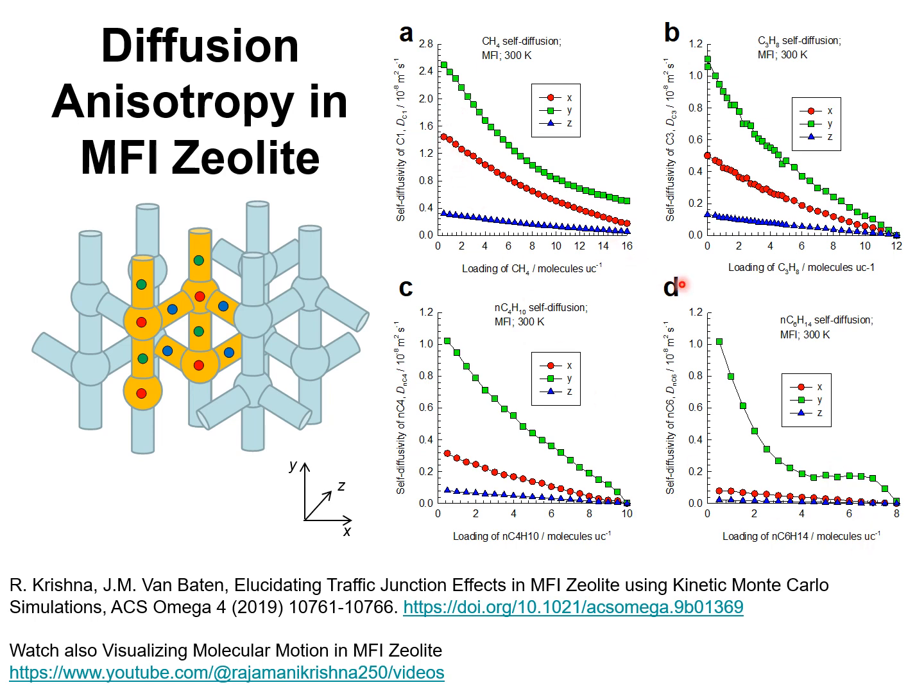Another point to note is that the diffusivity reduces to practically zero at a loading of 8. We ask ourselves, why is that so? In this case, the diffusivity reduces to 0 at a loading of 12 molecules per unit cell. For normal butane, the diffusivity is practically 0 at a loading of 10 molecules per unit cell.